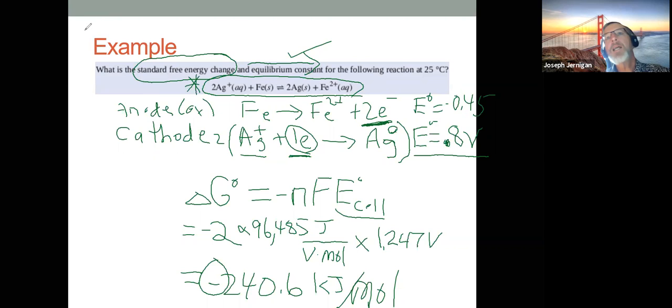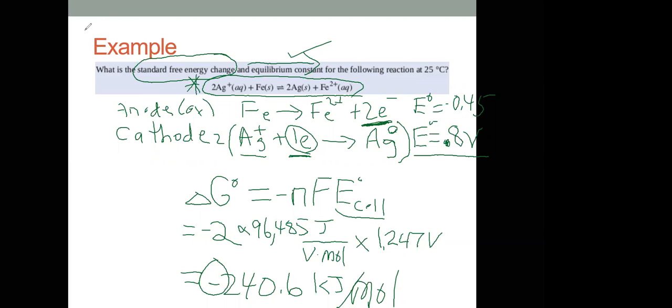Does everyone understand that concept of corrosion? All corrosion is just oxidation. It's taking electrons away from stable metal surfaces, and it causes them to ionize and go in solution. That's all it is.